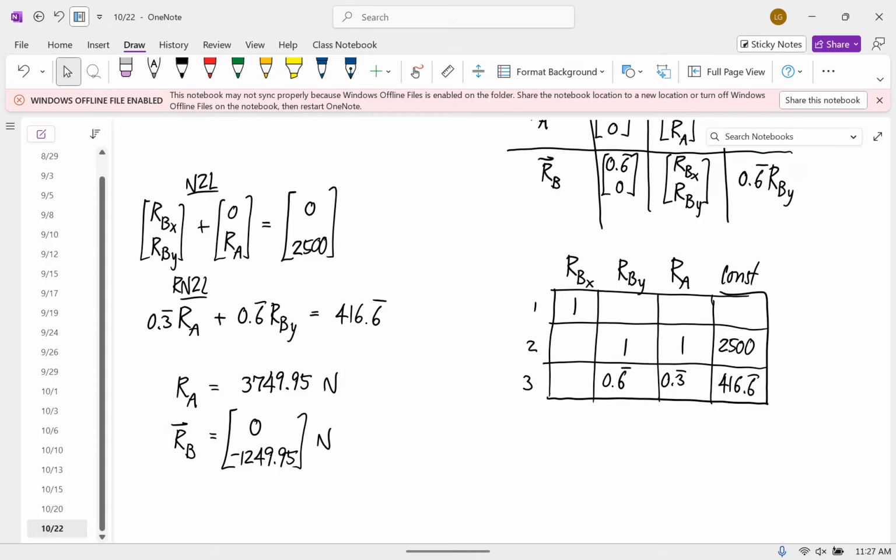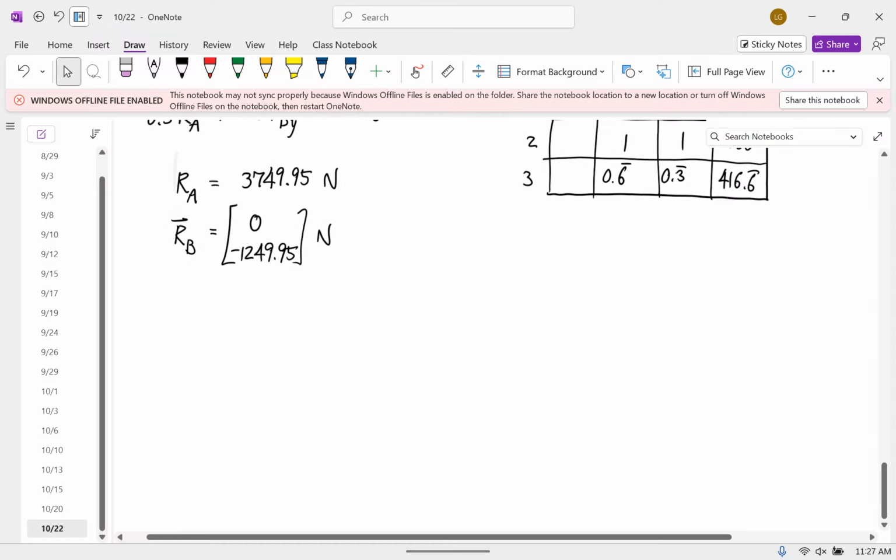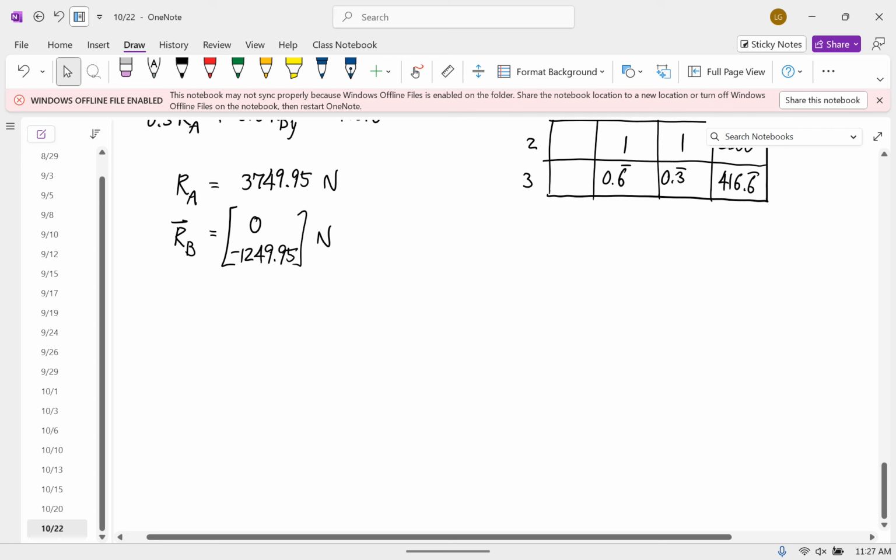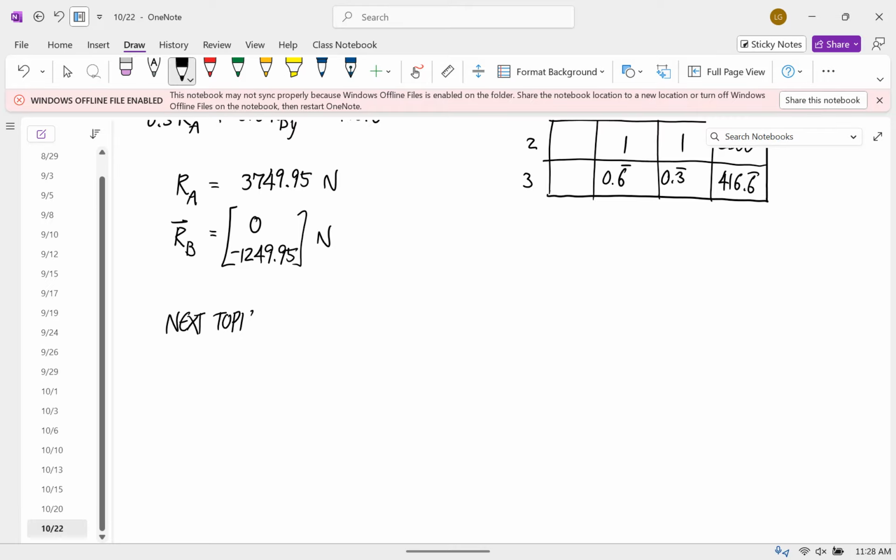Okay. So now I'm going to get into the next topic, which is, to me, the most important topic in this class, kind of the heart of this class. And that is structures. A structure is a collection of rigid bodies connected by joints.